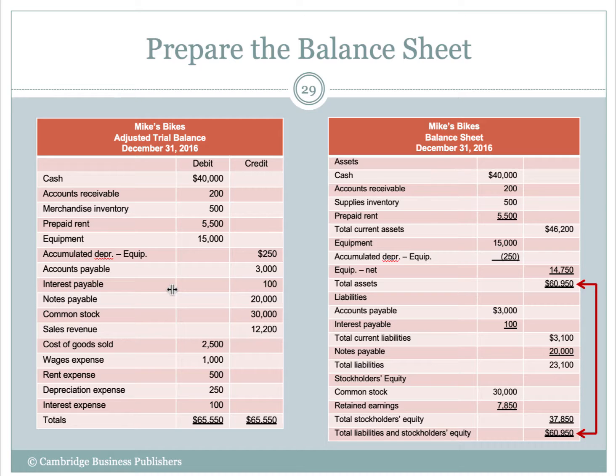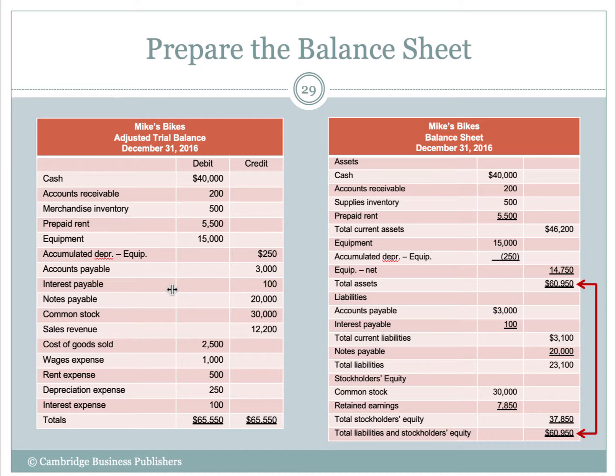The balance sheet proves that assets equal liabilities plus shareholders' equity, okay? So what do we need from the adjusted trial balance to put on the balance sheet? Well, we need all our assets. We need all our liabilities. And we're going to use the statement of owner's equity to grab our shareholders' equity section, okay?